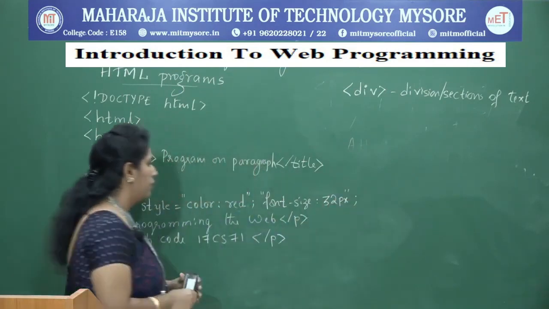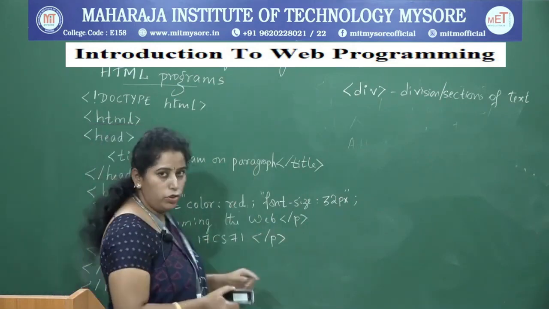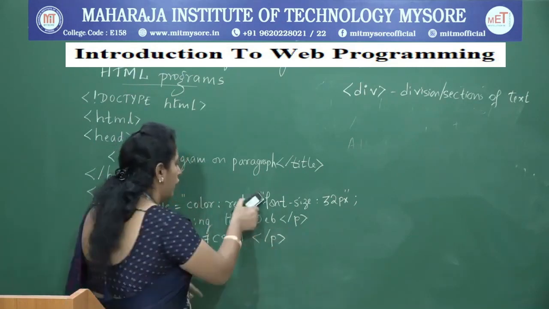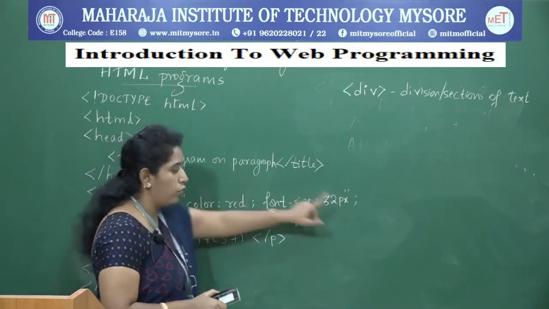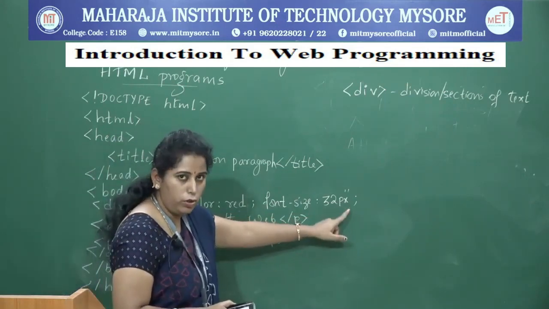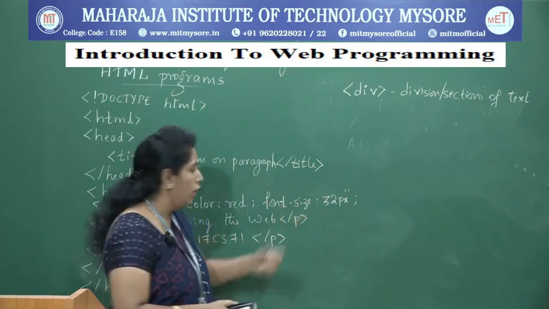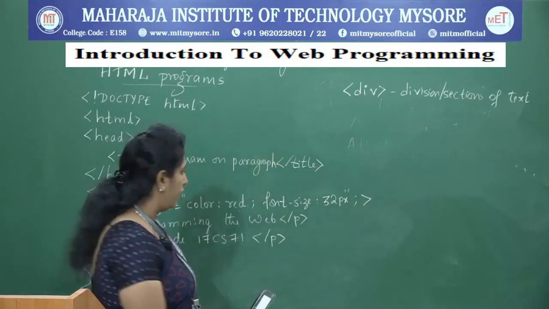Then wait, one more thing, when you are passing multiple values to a single attribute, then you need to use only one pair of double quotes. For every value, you need not give double quotes. Okay, so it ends and then close the opening tag.